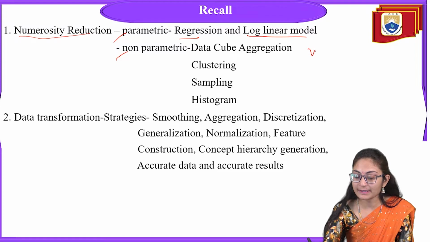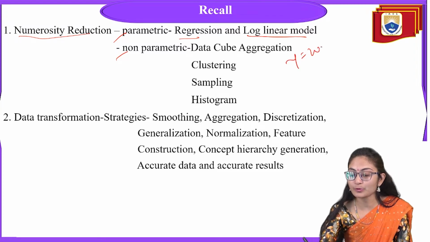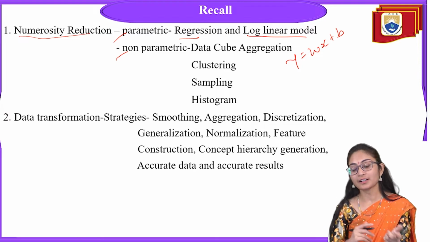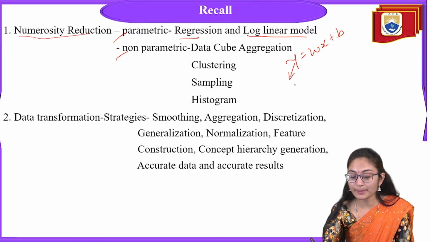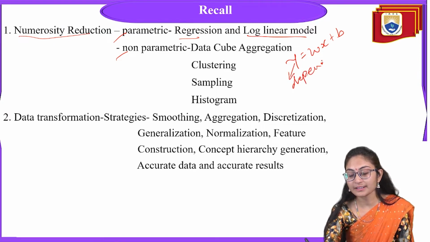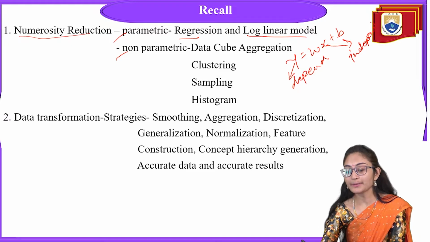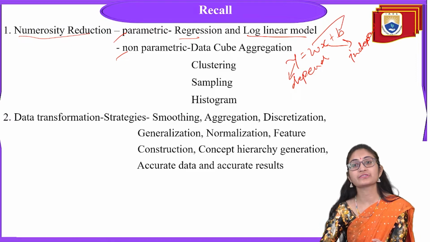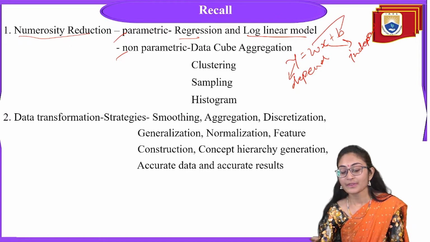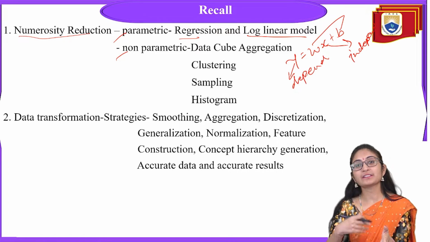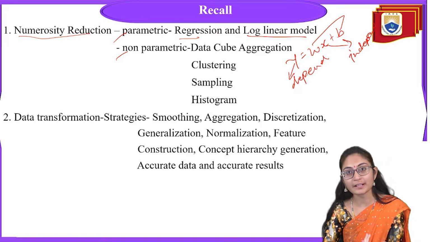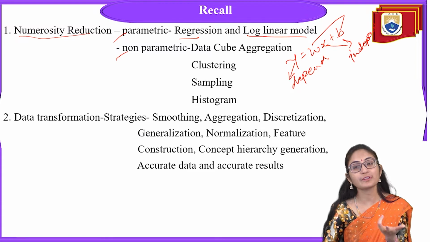For example, y is equal to wx plus b. Here, y is our dependent variable and x is an independent variable, and w and b are regression coefficients. That means in parametric methods we have to focus on our parameters and our models.